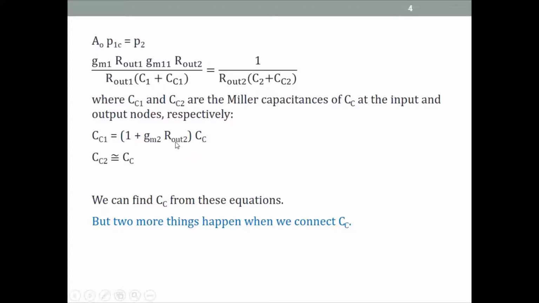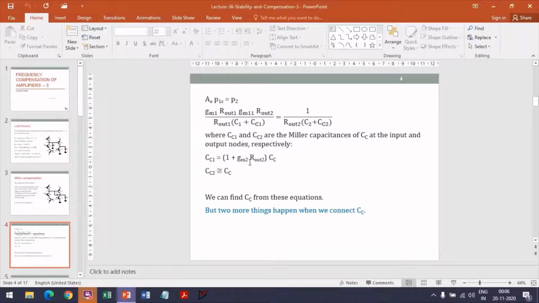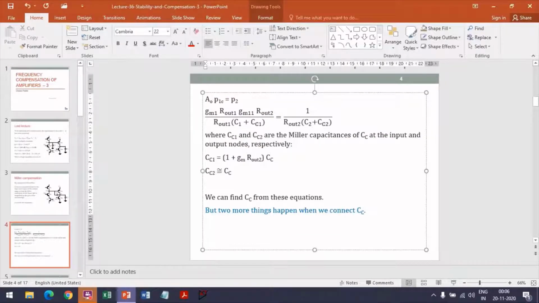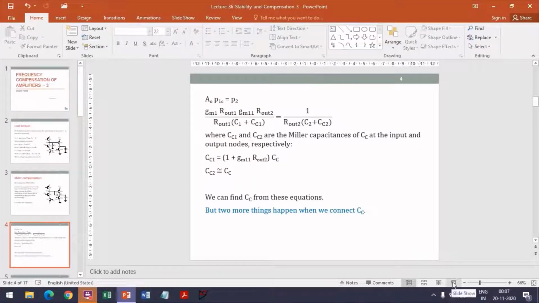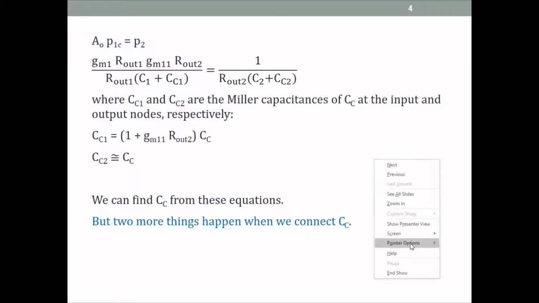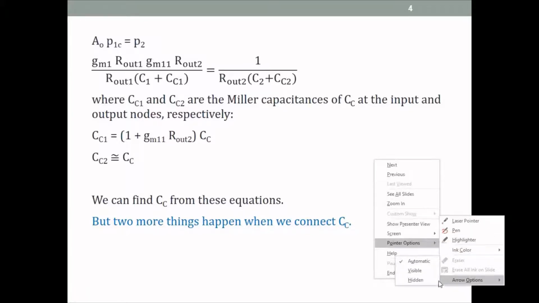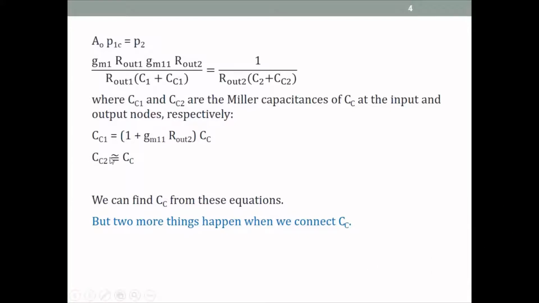Gm2 Rout2 being the gain of, I'm sorry, maybe I should call this GM11 in our circuit. So this is M11, and this is GM11 Rout2. Alright, so that is the capacitance at the input side, and at the output it is approximately just Cc. Now from these equations we substitute for Cc1, Cc2, and we can find Cc from this equation.